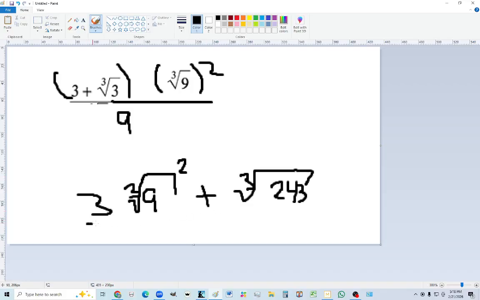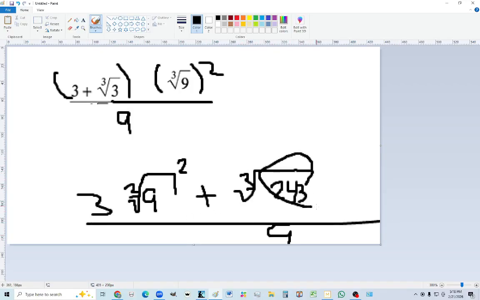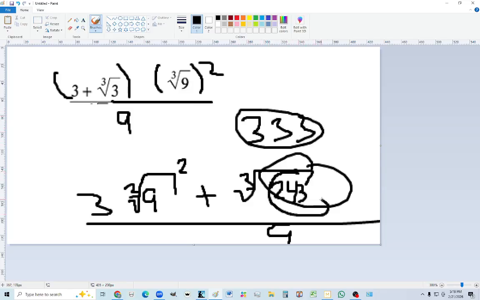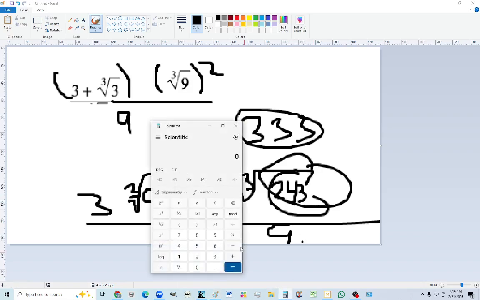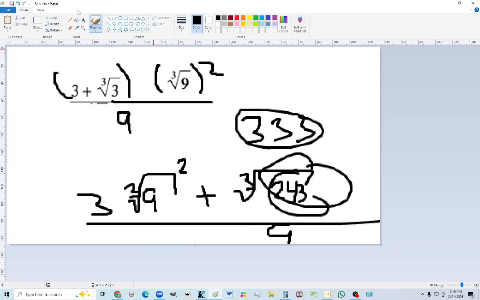All of it over 9. And the big question becomes, can I get a 3 out of there? So if I divide that by 3 times 3 times 3 would be 27. So is that divisible by 27? It is.